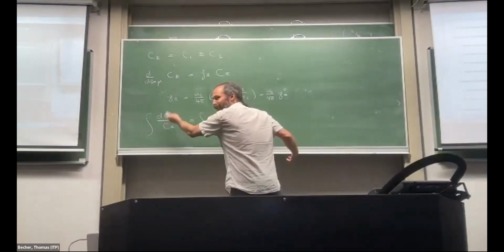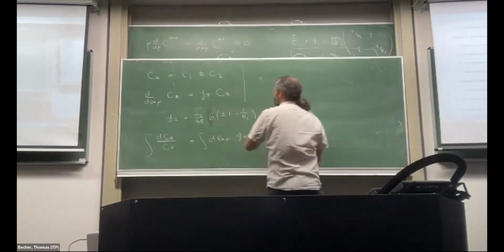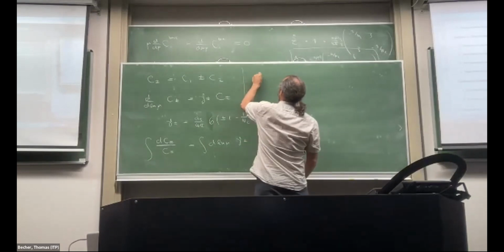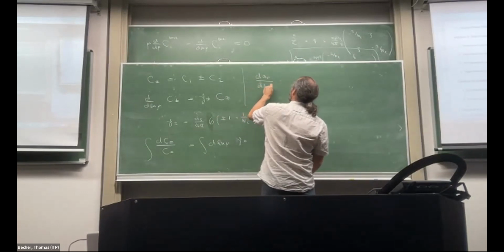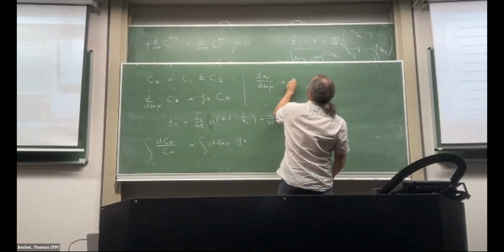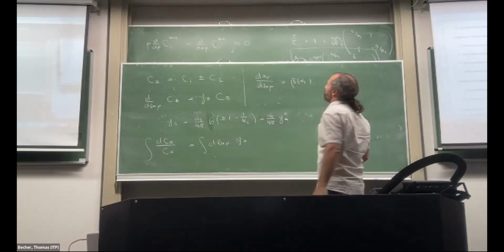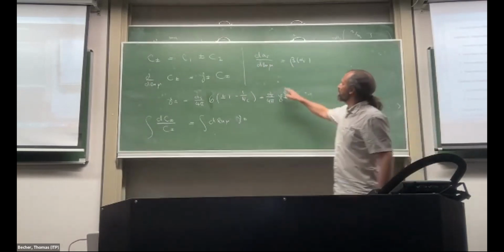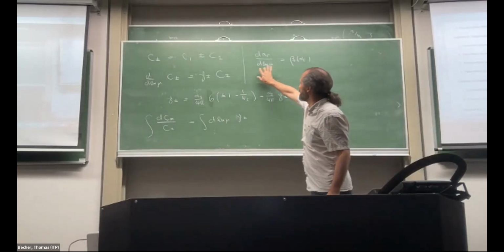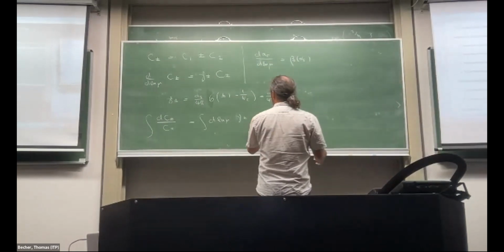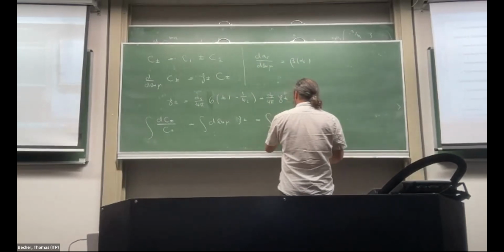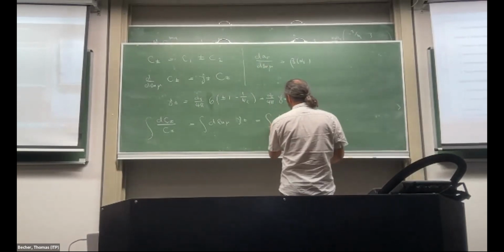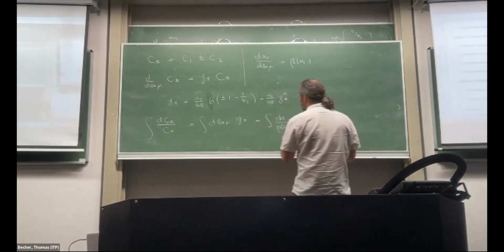And this is of course just a log, so the solution is an exponential. Now I still want to use that d alpha over d log mu is beta of alpha, the beta function. So I can rewrite this d log mu as an integral over alpha s: d alpha over beta of alpha.